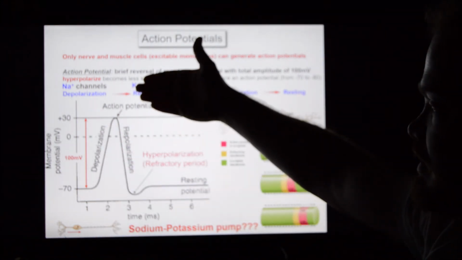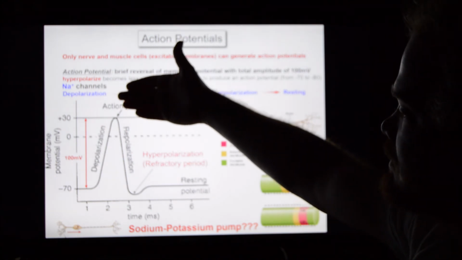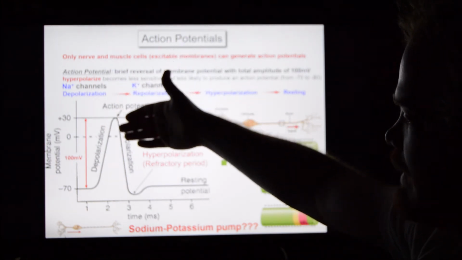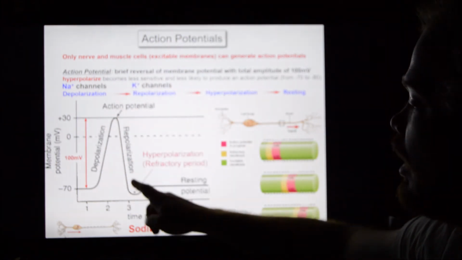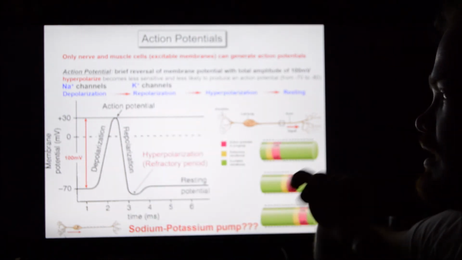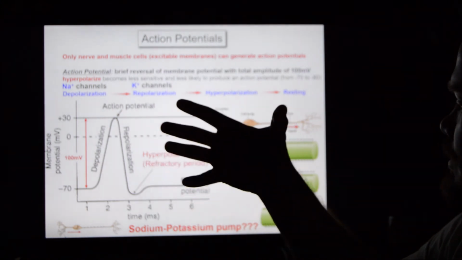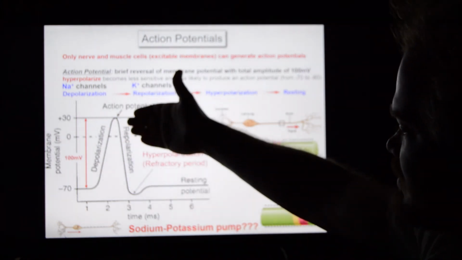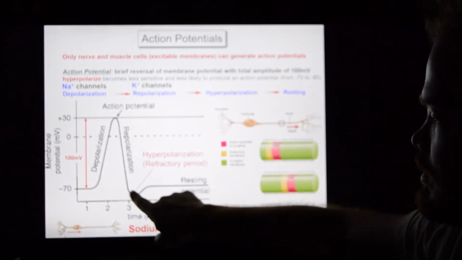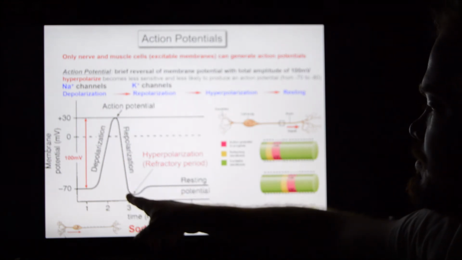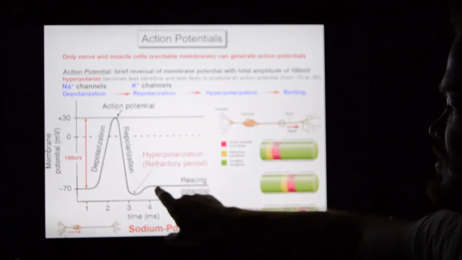Potassium's positively charged, so as the potassium ions leave, the charge goes back down, all the way to the negative end. Potassium channels are very slow to react, so they slowly close, and basically they lead to a hyperpolarization or a refractory period, and then the sodium-potassium pump puts everything back where it's supposed to be, and we get back to our resting state.